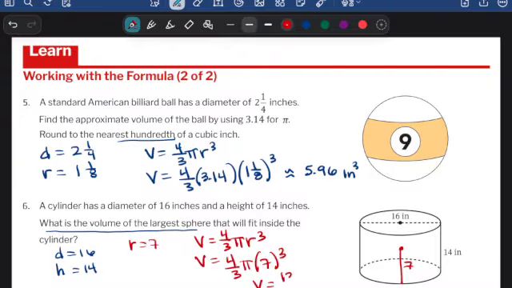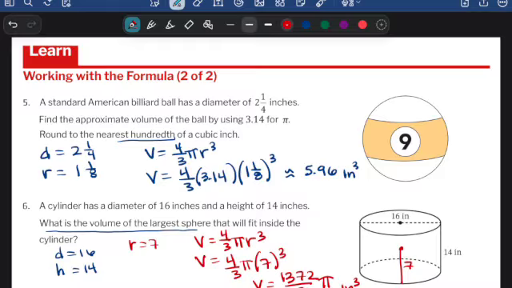We're going to leave it as a fraction, 1,372 over 3 times pi. There's the actual exact volume of the sphere that will fit inside that cylinder with a height of 14 inches. We should label this with our cubic inches.